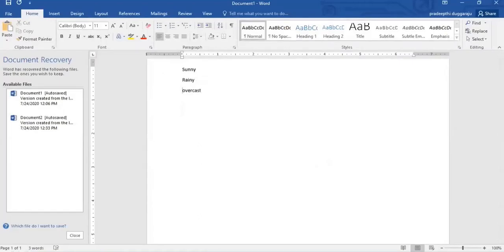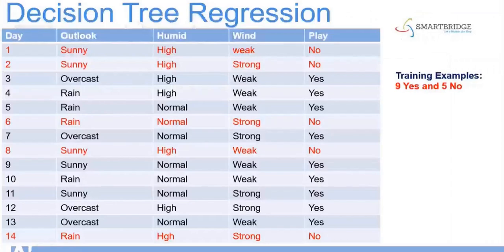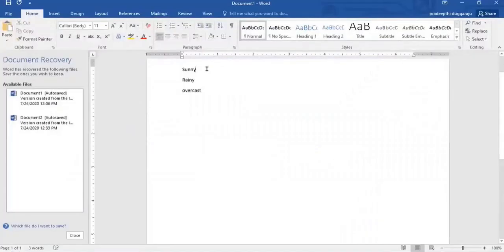Now, how many observations of sunny are there? There are 5 observations.